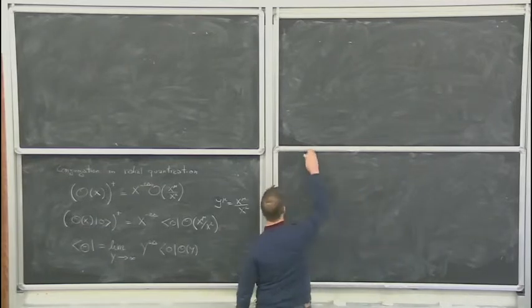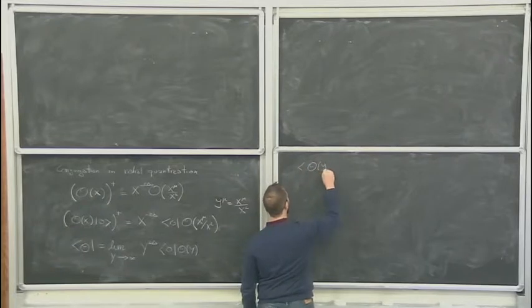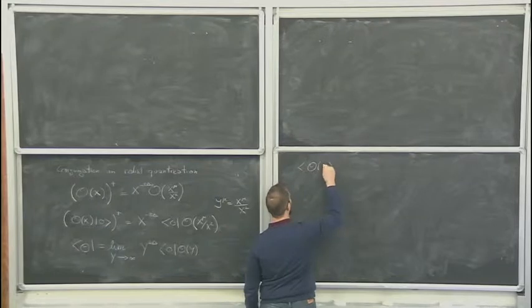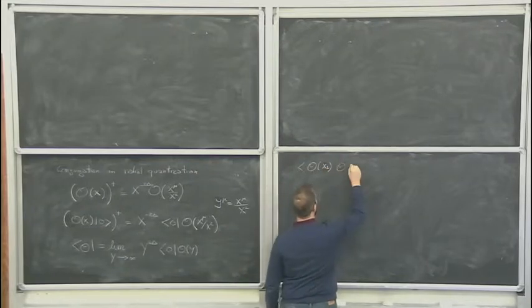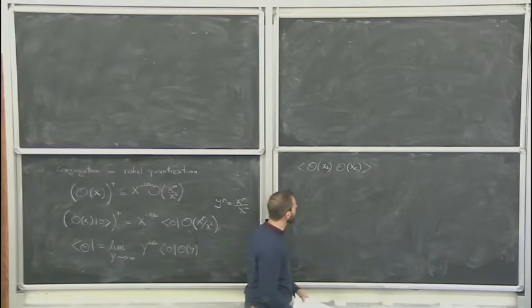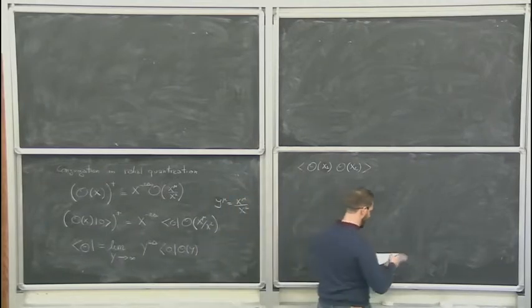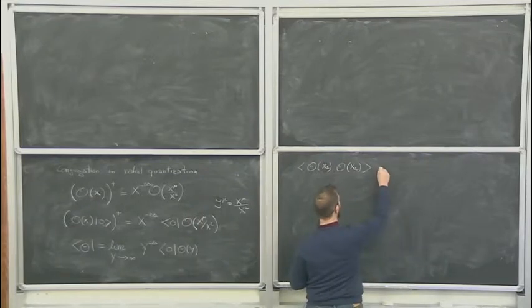For instance, let's start from the two-point function of scalars. Here, this is going to be O of x1, O of x2. Okay, so let me write this in the following form.